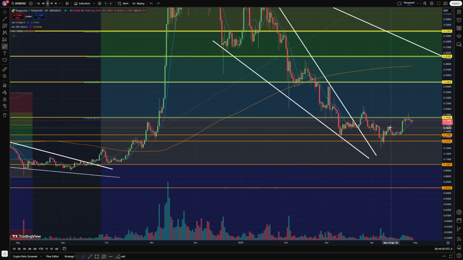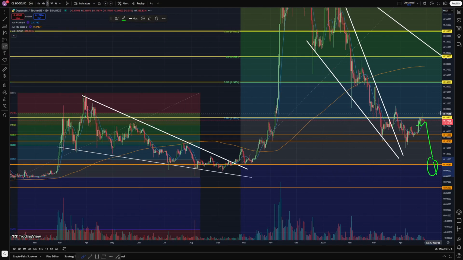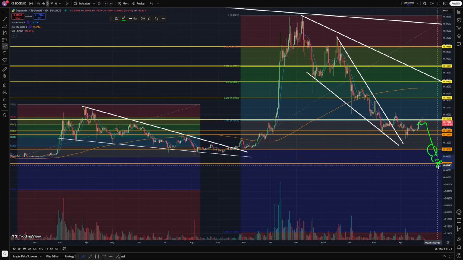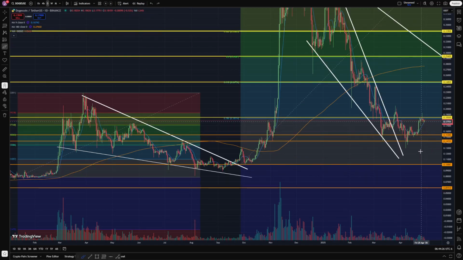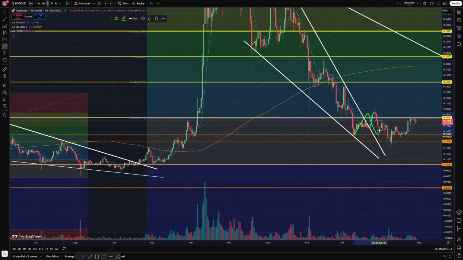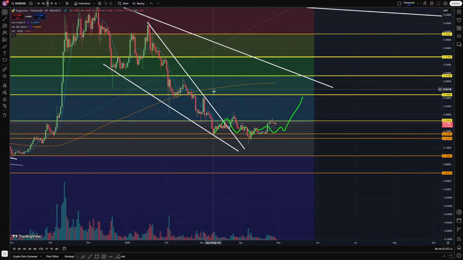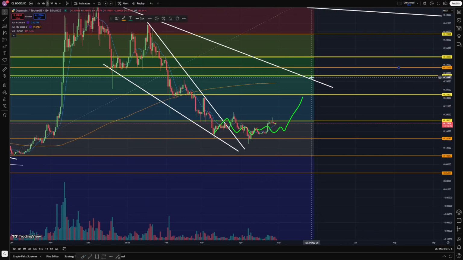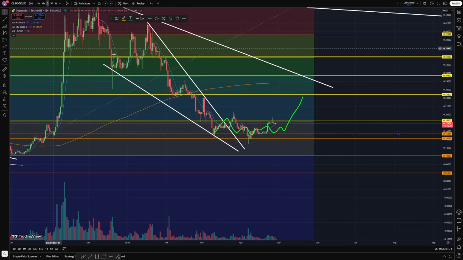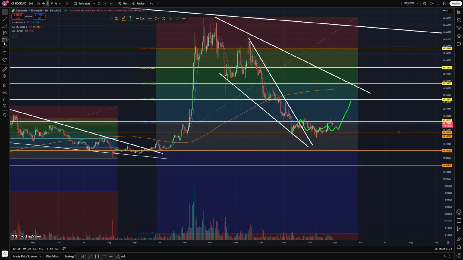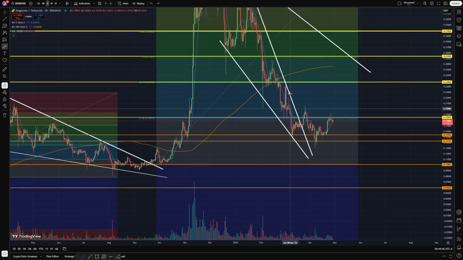It's better than dumping down to like 10 cents or worse, like 5 cents. You know what I mean? It's still possible, but if we can just go sideways for a while, then maybe we can start going back up and at least trying to test the Fibonacci retracement levels, these guys over here, or this trend line right here.